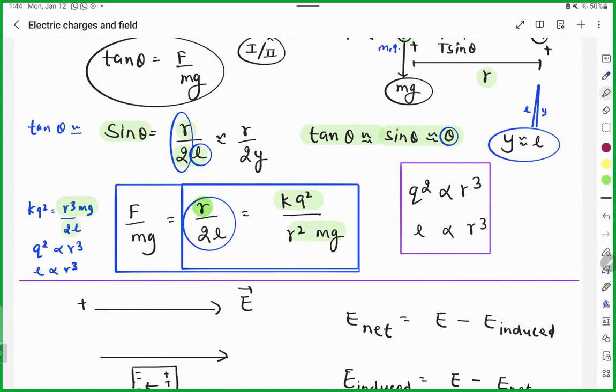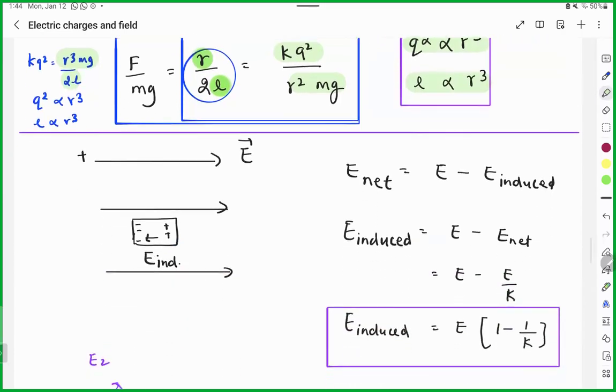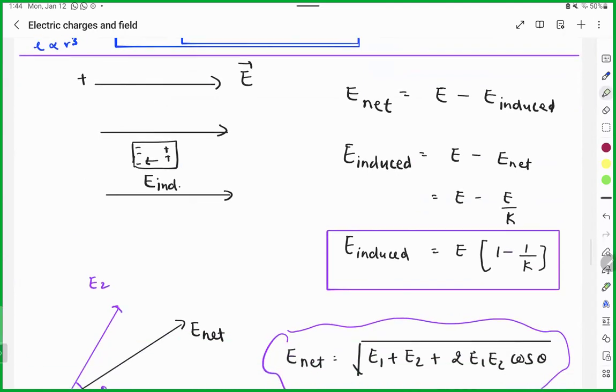Got it? Okay. That's why q square directly depends upon r cube, or if you consider this L, then L is directly proportional to r cube. This thing we will do in electrostatics.